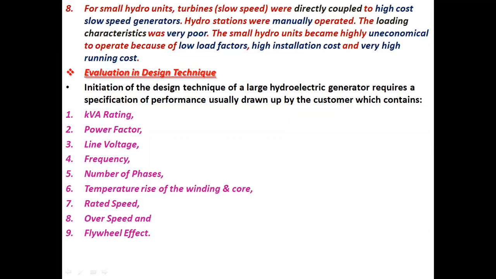Evolution in design technique. Initiation of the design technique of a large hydroelectric generator requires a specification of performance, usually drawn up by the customer, which contains 1. kVA rating, power factors, line voltage, frequency, number of phases, temperature rise of the winding and core, rated speed, overspeed, and flywheel effect.